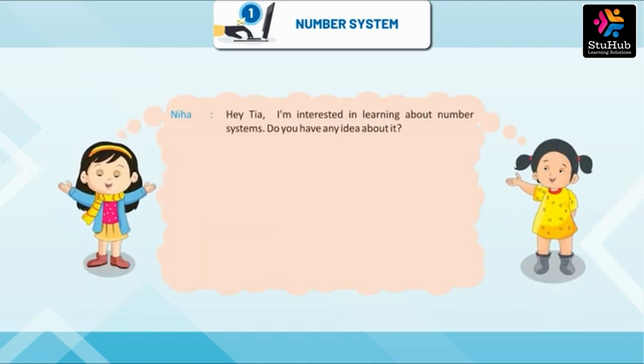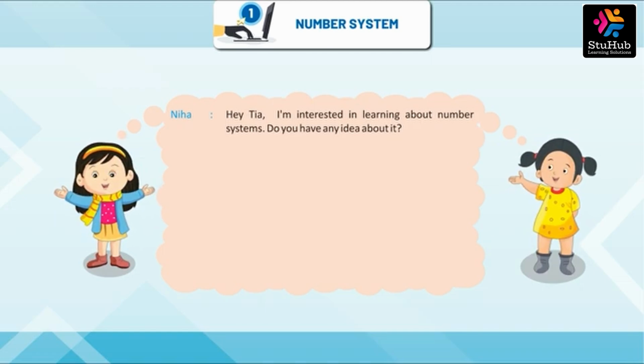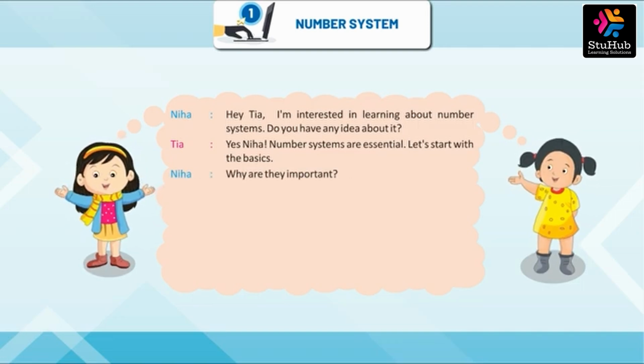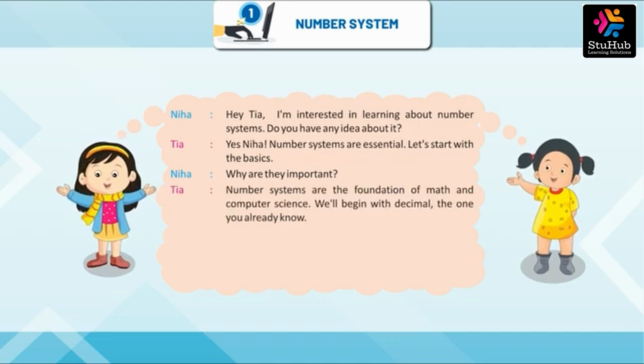Neha: Hey Tia, I'm interested in learning about number systems. Do you have any idea about it? Tia: Yes, Neha. Number systems are essential. Let's start with the basics. Neha: Why are they important? Tia: Number systems are the foundation of math and computer science.